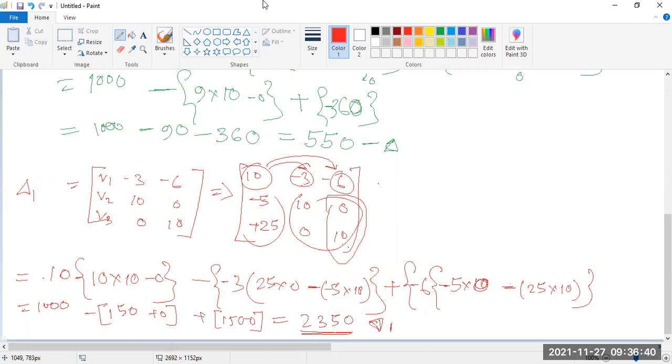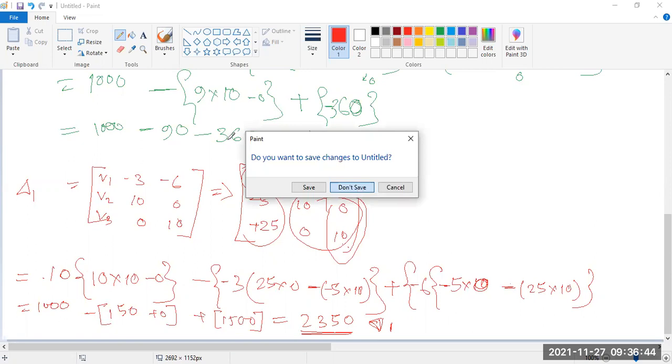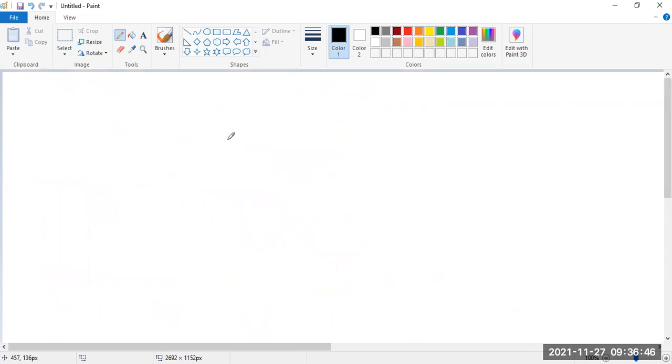This is delta 1. And now we go for I1. If I want to find out this I1, it is just like delta 1 by delta. So delta 1 is coming 2350, and delta is coming 550.